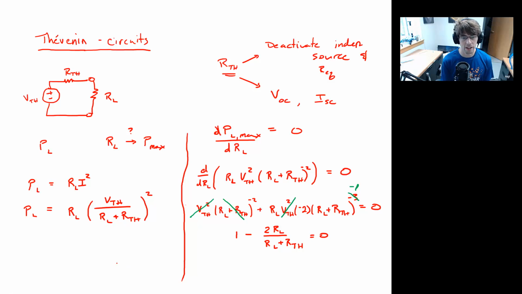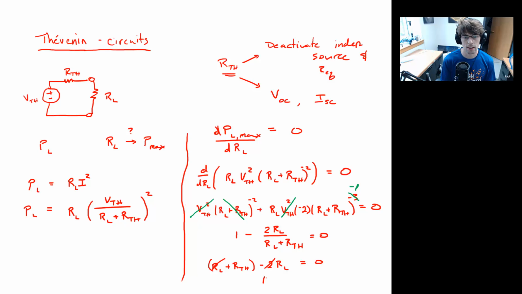If I want to get rid of that fraction, I have RL plus RTH minus 2RL equals 0. And oh goody goody, this cancels that. Oh, excuse me. Erased the wrong one there. Got overzealous. There we are.